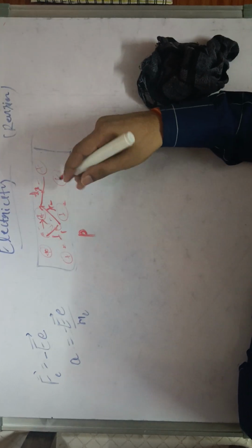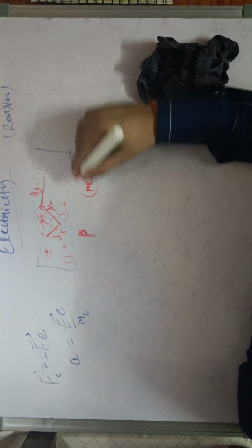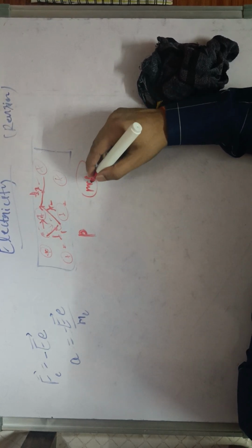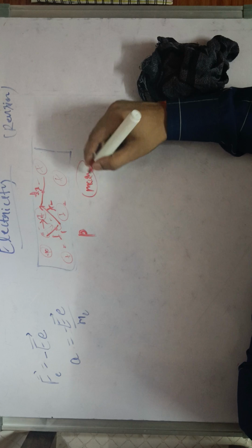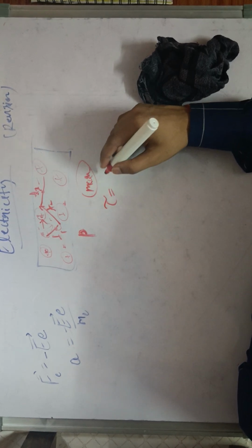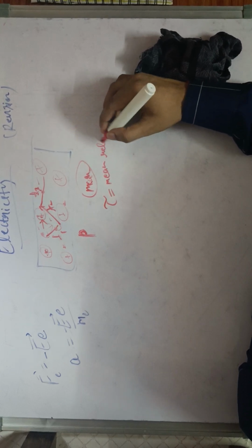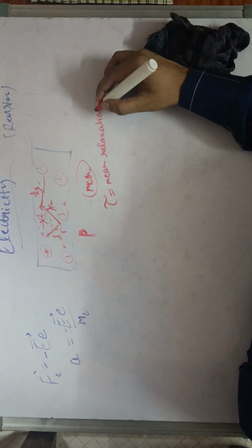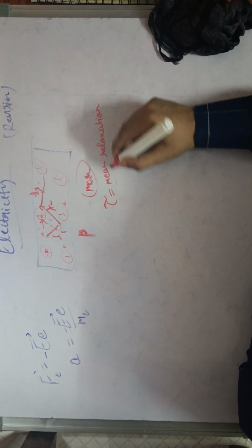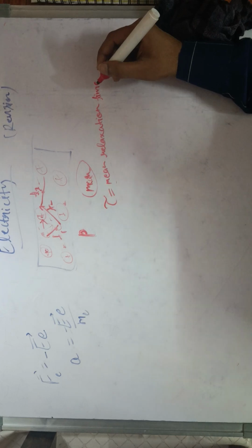Then the mean of these time values, the time between two successive collisions, is called tau, the mean relaxation time. Mean relaxation time means the average of the time between two successive collisions.